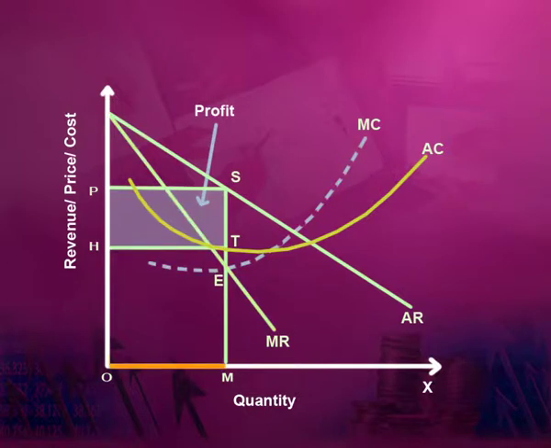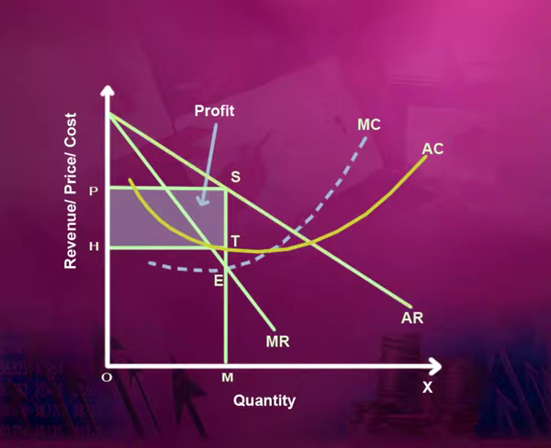Thus, the firm will produce OM level of output and will earn maximum profit. Therefore, the firm will be in equilibrium when it is producing and selling OM quantity of output. Beyond this level, the firm will incur loss as cost will then increase more in proportion to revenue.